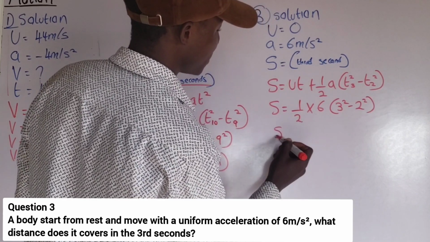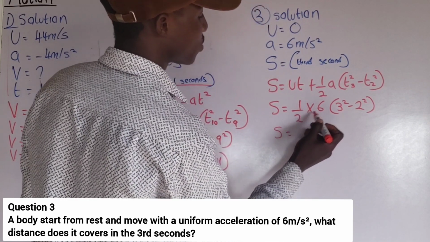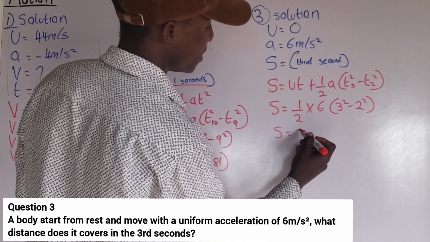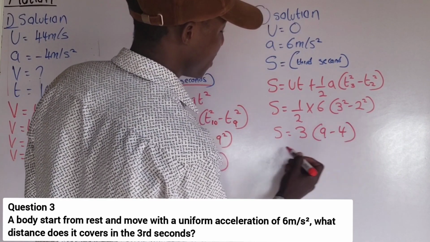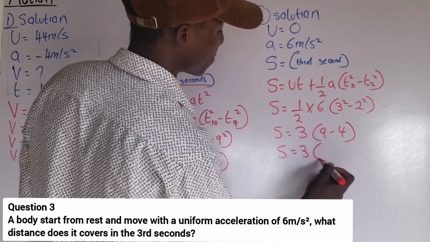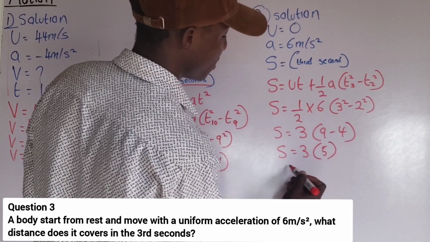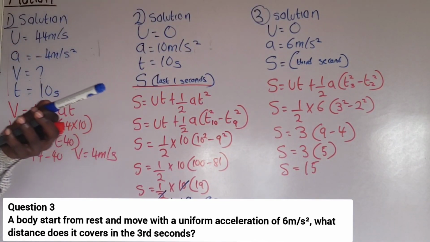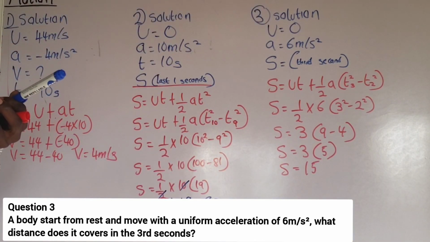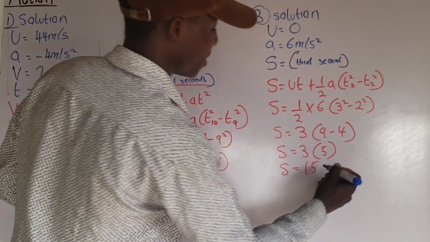So s equals 1 over 2 multiplied by 6, that is 3. 3 multiplied by 9 minus 4, s equals 3 multiplied by 5, s equals 15. The correct option is option A, and this is a typical example of a question that might come up in JAMB.